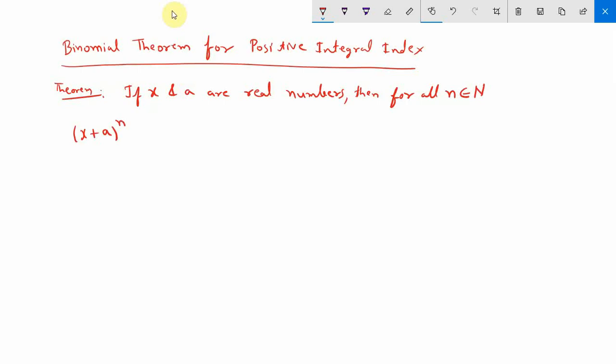(x plus a) to the power n will be equal to nC0 x to the power n a to the power 0, plus nC1 x to the power n minus 1 a to the power 1, plus nC2 x to the power n minus 2 a to the power 2, plus similarly nCr x to the power n minus r a to the power r.